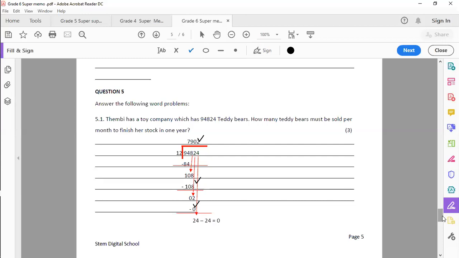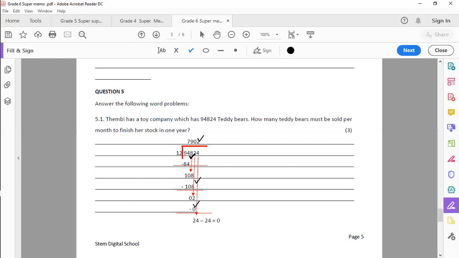Because this is a double digit divisor, you can only go into 2 digits or more. So my first double digit is 94. How many times does 12 go into 94?